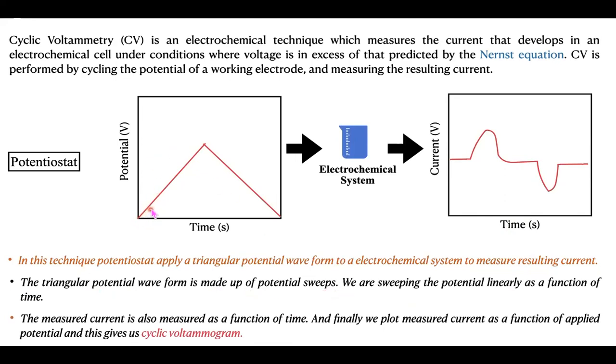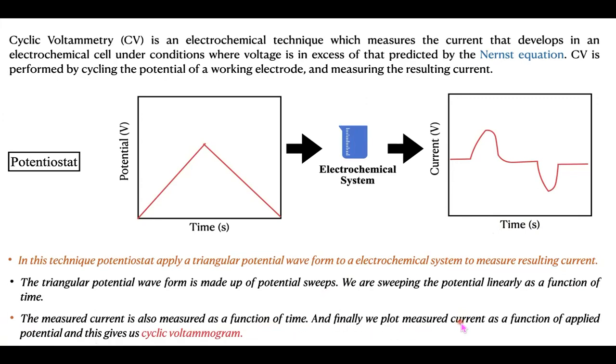You can see this is a linear potential, called segment 1, and then it sweeps to a potential which is again linear but in a different fashion, meaning if one is positive, the other one is negative. So we are sweeping the potential linearly as a function of time. The current is also measured as a function of time, as shown here.